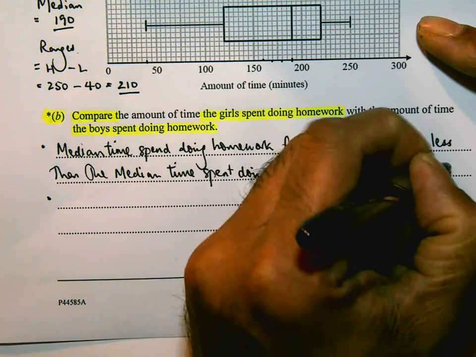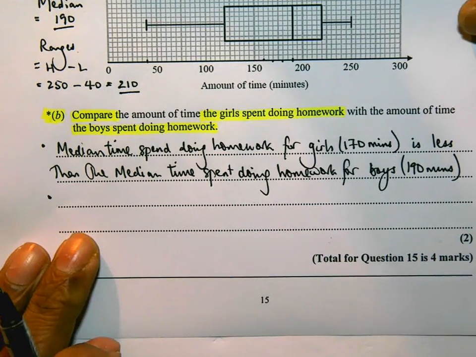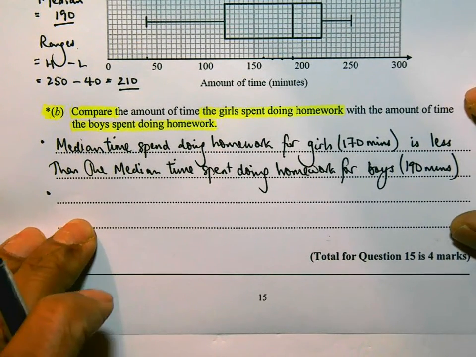Okay, you can write any variation of that as long as you make a comparison between the median times for boys and girls.